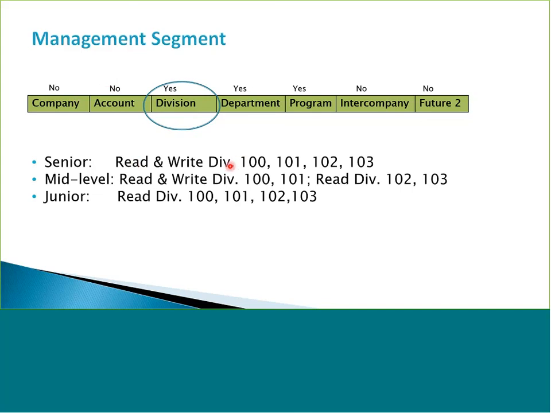So here we can have read and write for company 01 and 02, and then here we can have maybe read and write for company 1 and read for company 2, and then here we can say that this one has only read access to company 1 and company 02.